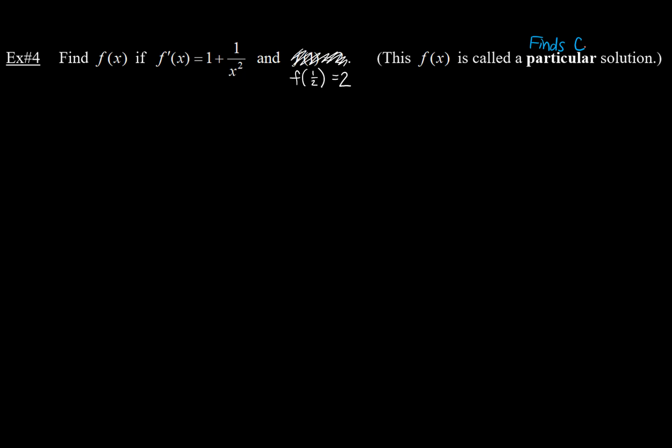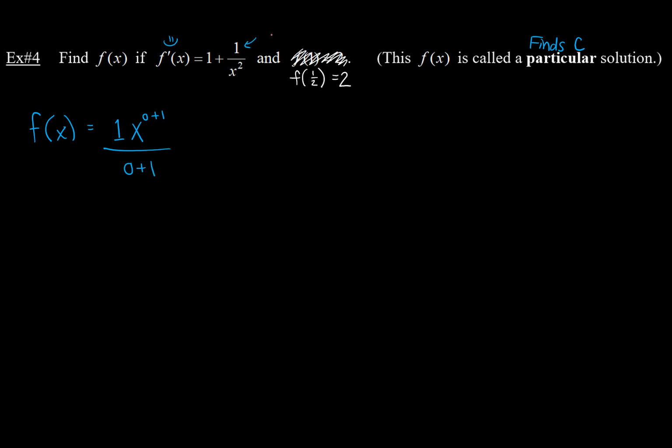All right. So first thing, we're going to start with f prime of x and take the antiderivative to find f of x. So we're going to take the antiderivative of this bad boy. I've got 1, which is x to the 0. I'm going to add a power of 1 to that, and then divide by that power.